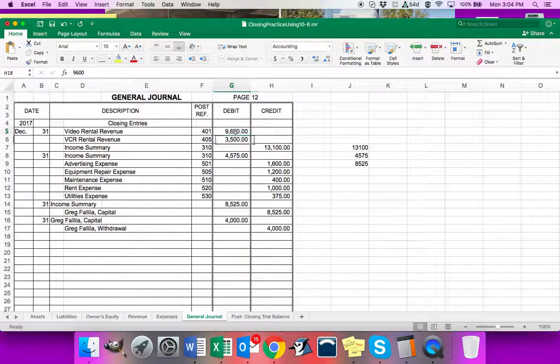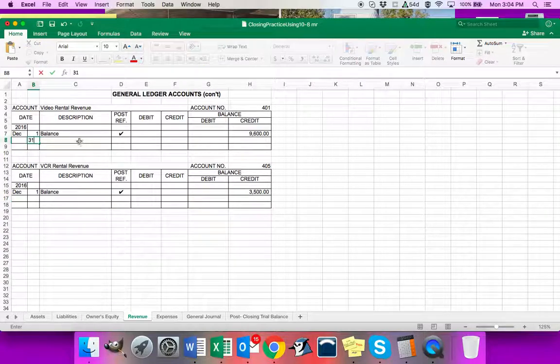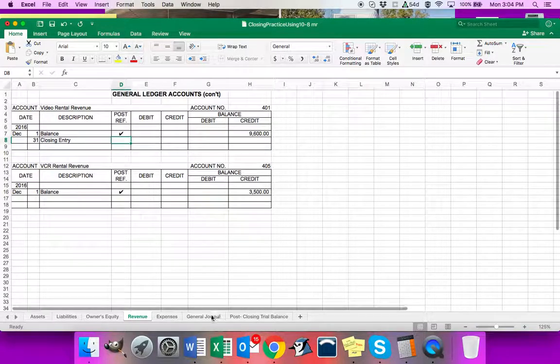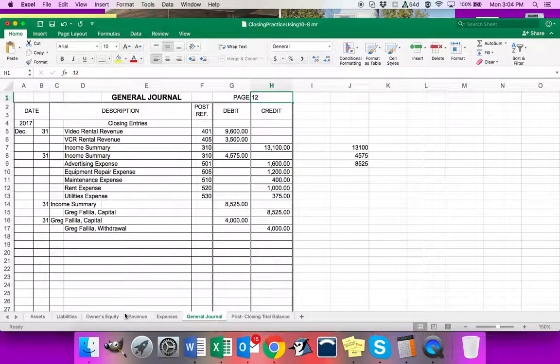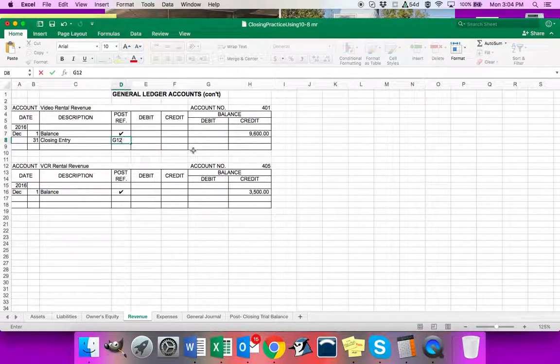So the revenue is debited 9,600. I go to the revenue account. On the 31st, we have our closing entry, and that was General Journal, page 12, a debit of 9,600.